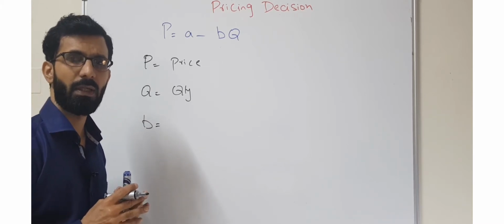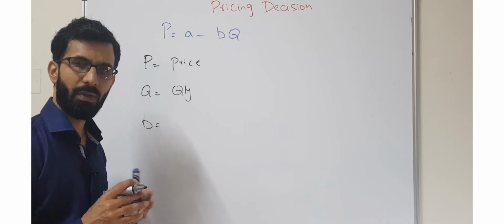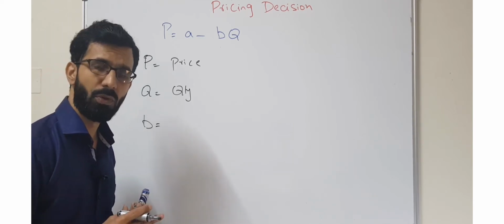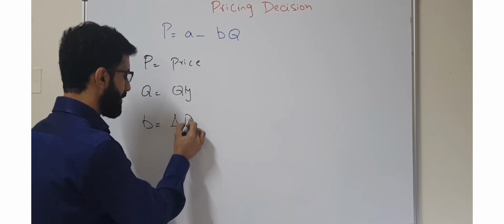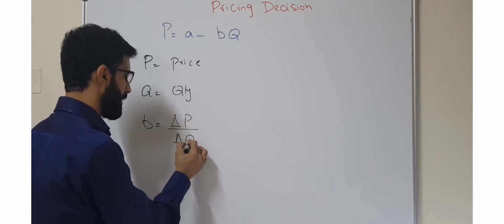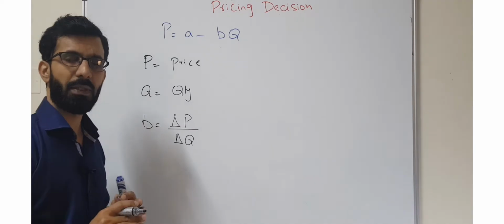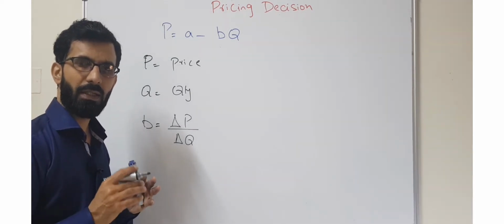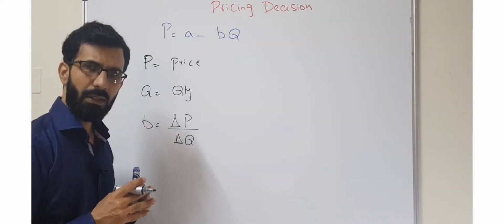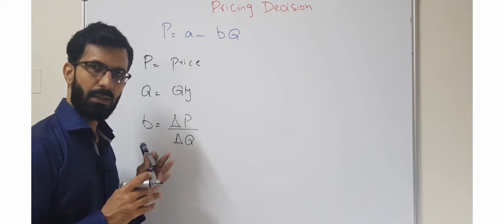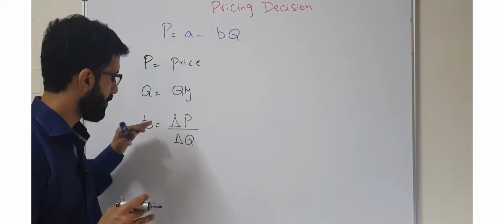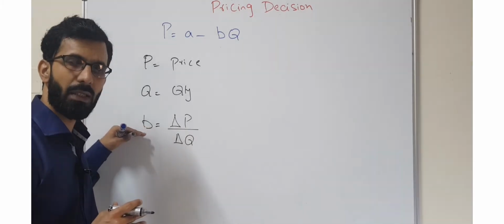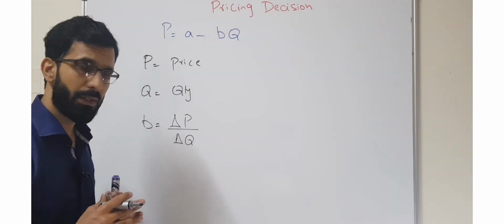And as we said, we will assume that this change between the price and demand will remain constant. So here we have change in price divided by change in quantity, which will help us to identify a linear line on the diagram. When we draw the relationship between price and demand on a diagram, it will show a linear relationship, because the changes in price and demand will be assumed to remain constant throughout.